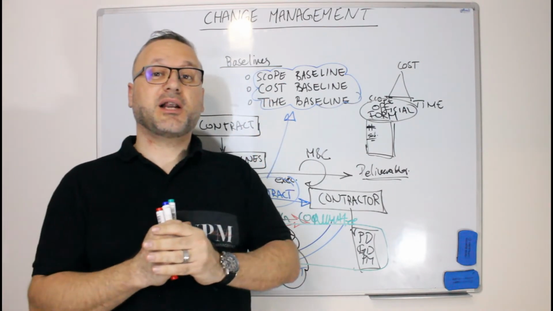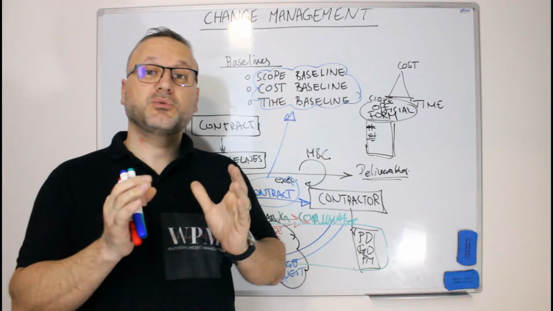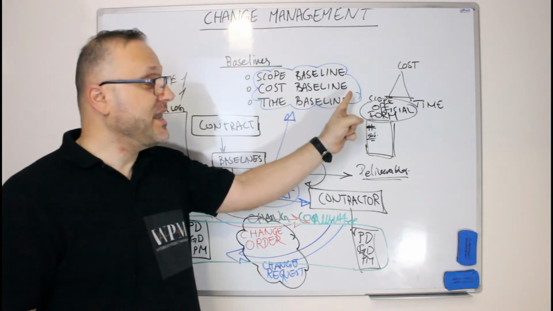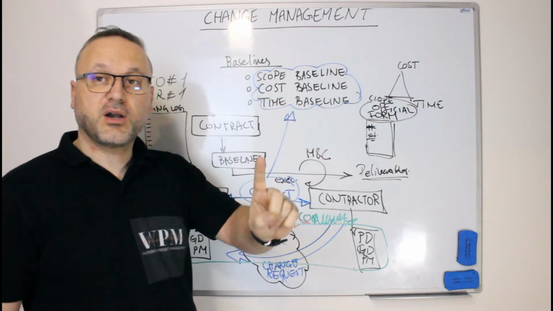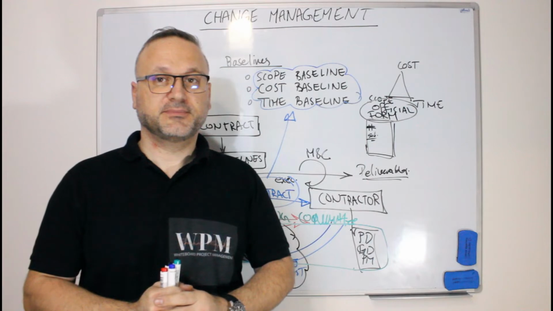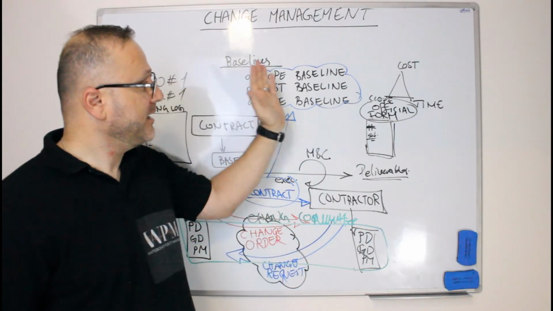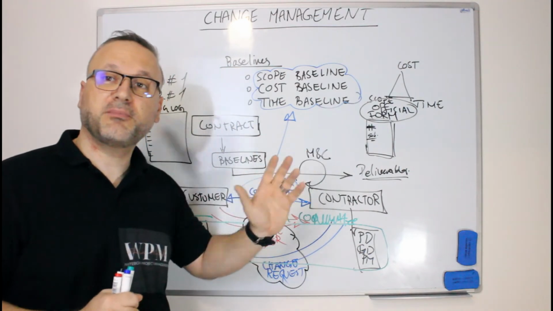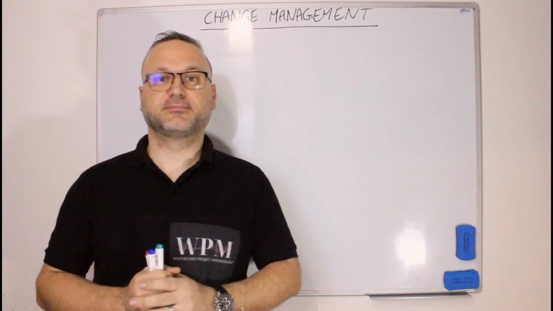Once you have the change order approved, you need to redo your baselines. You need to make another baseline according to the new approved change order. Now, let's see the approved change order, how to apply it practically.